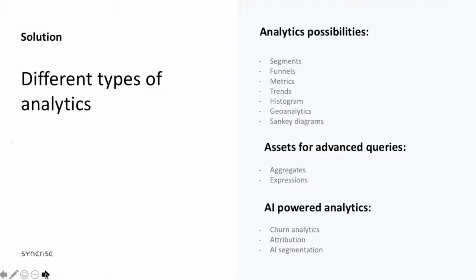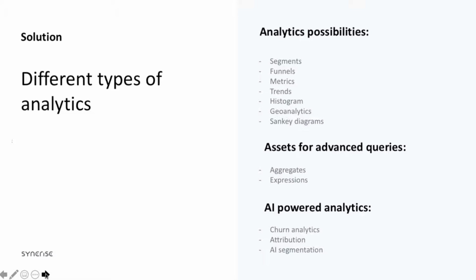So how to do that? First of all, we have different types of analytics. We have analytics possibilities such as, for example, segments and funnels that give you the chance to analyze the segments, the groups of contacts.